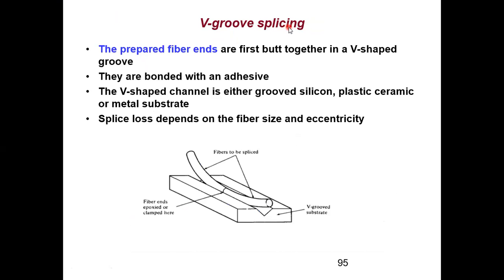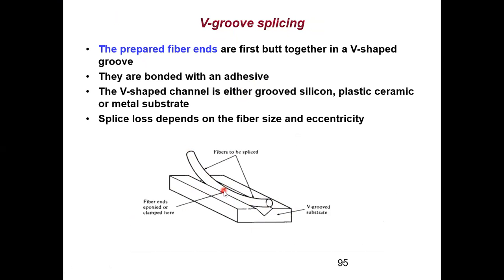The next category of splicing is V groove splicing. In V groove splicing, we have a plate kind of thing. In that plate, a V type groove is cut. So there is a plate which already has a V groove cut. I bring the fibers to be spliced, one fiber over here, another fiber over here, and then again I put the adhesive over here.